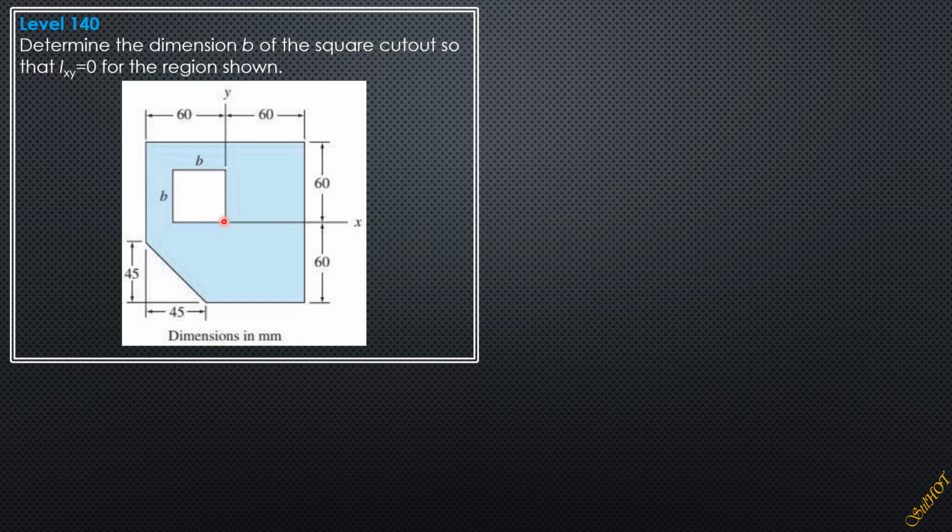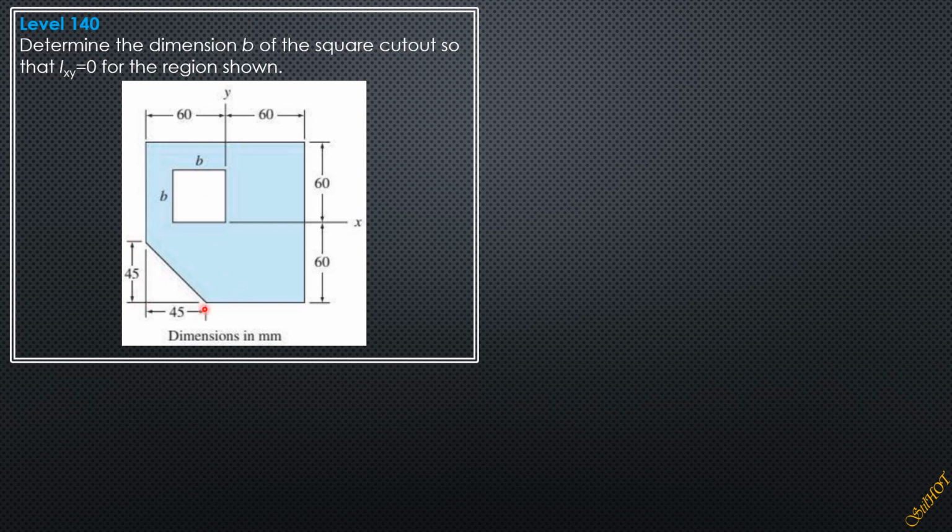So with respect to the centroid, the area x bar y bar component of this rectangle is also 0. Then minus for the square, with respect to the centroid 0, then plus area b squared, x bar is negative b over 2, y bar is positive b over 2.